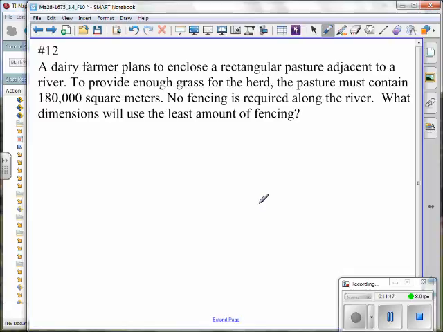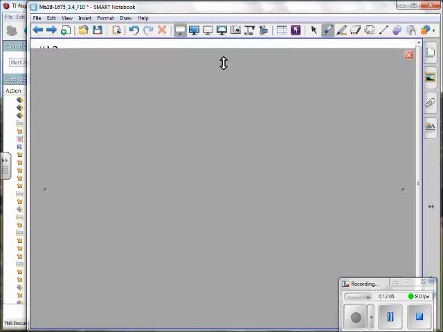A dairy farmer plans to enclose a rectangular pasture adjacent to a river. Stop right there. Can you draw a picture of this? Don't go any farther. Draw a picture.